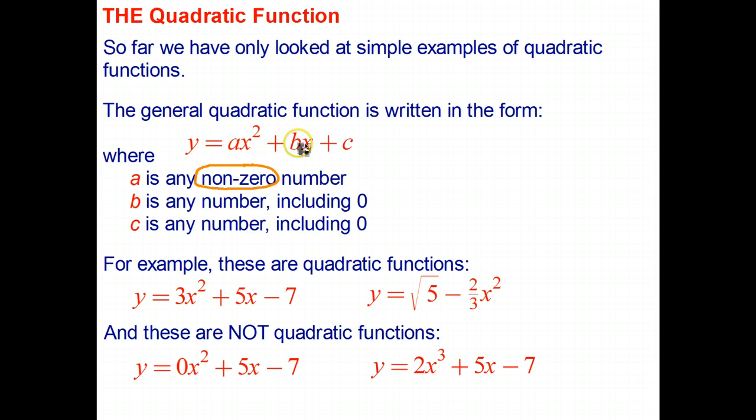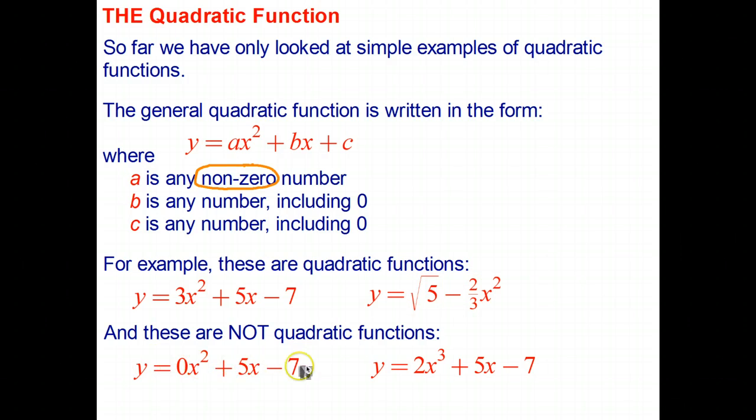That means b must be 0 in this case. And then finally, the constant term, the number by itself, is square root of 5. So what this teaches you is the order of the terms is not important for identifying a, b, and c. And a, b, and c can be fractions, and they can be square roots.